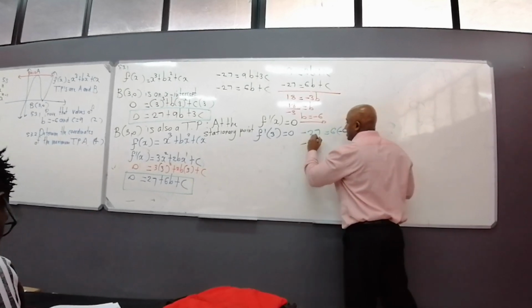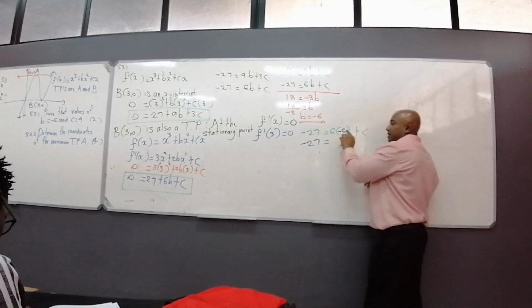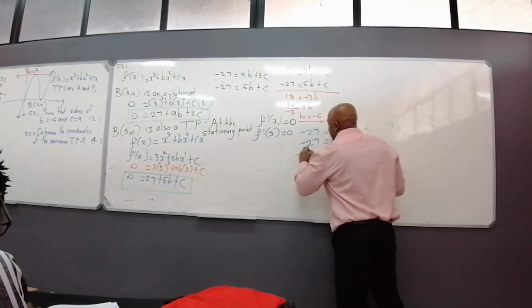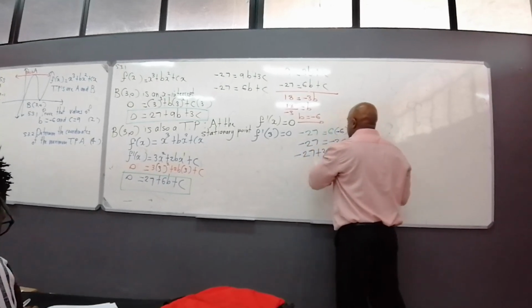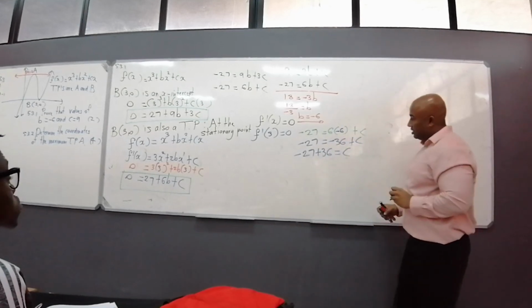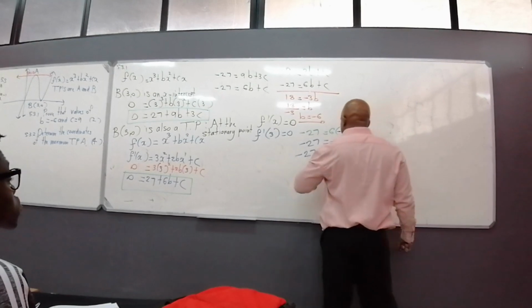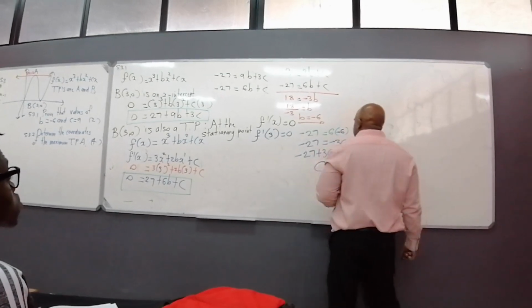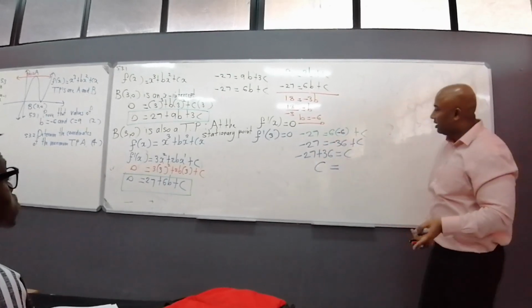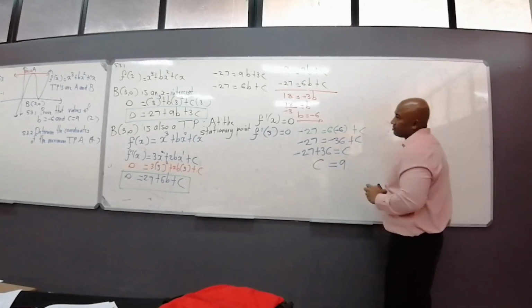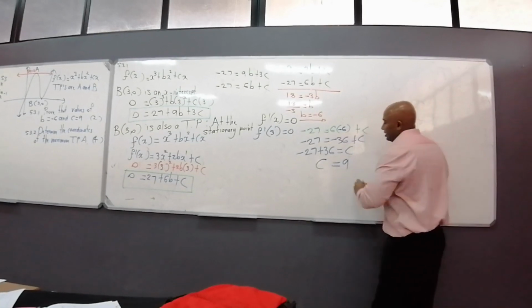So minus 27 is equal to 6 times minus 6, which is minus 36, plus c. So minus 27 plus 36 is equal to c. So 36 minus 27, that will be 9, correct? Yeah, that is 9.